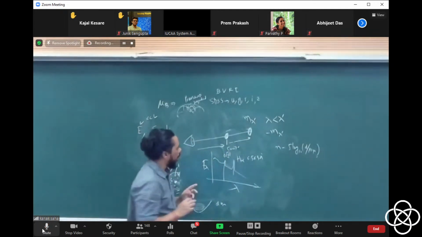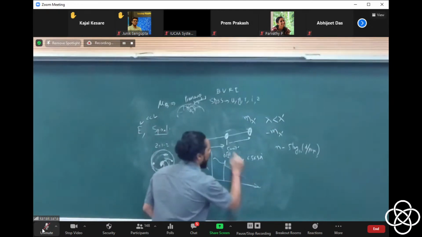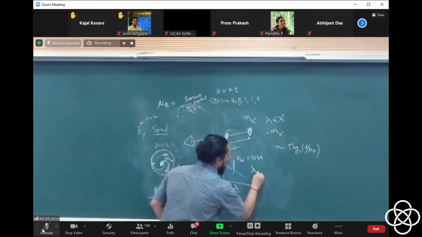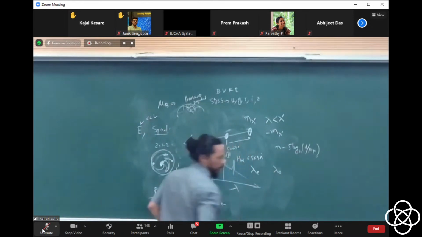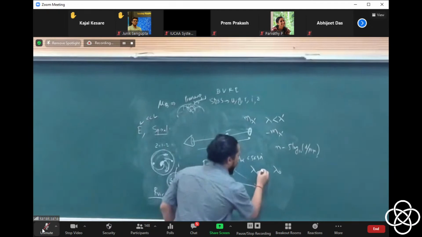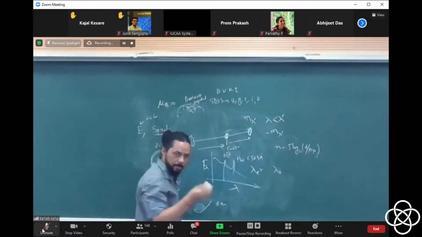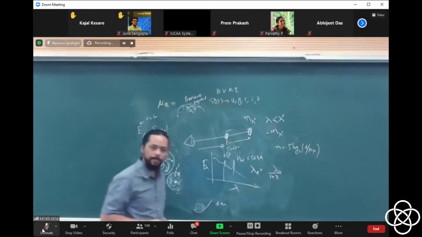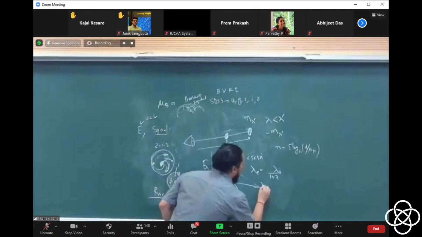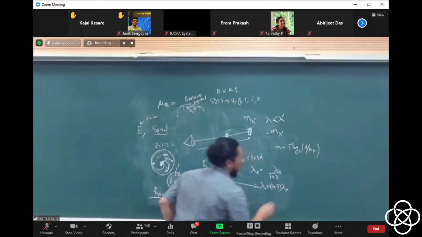But as you know, the line emitted from this galaxy is lambda_E, and what is observed is lambda_O. The relation between these is 1 plus z. In other words, lambda_O, which you observe, equals 1 plus z times lambda_E, which is emitted.